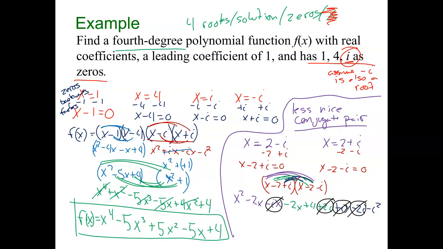And what's negative i squared end up equaling? Negative 1, which is positive 1. And then we just combine like terms: x squared minus 4x plus 5. And there's that resulting real polynomial from those two conjugate pairs. Okay, same process, just a little longer.